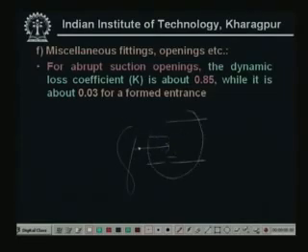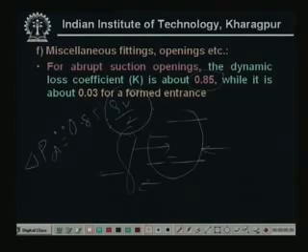This is known as a sudden suction opening, or you can also have flow in this direction, where the fan sucks air in, so suddenly air has to enter like this. For this kind of sudden or abrupt suction opening, the dynamic loss coefficient K is found to be about 0.85. That means the dynamic pressure drop delta PD is equal to 0.85 multiplied by rho v square by 2, where rho v square by 2 is the velocity pressure in this opening.